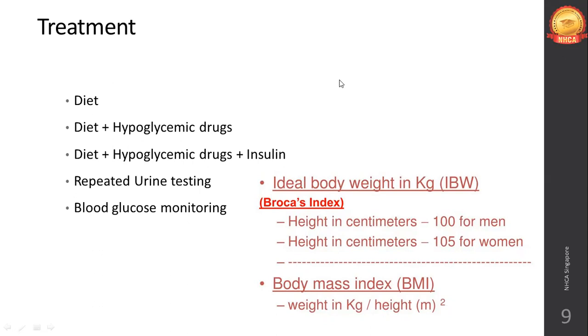Using the food exchange list can also help to add more protein.